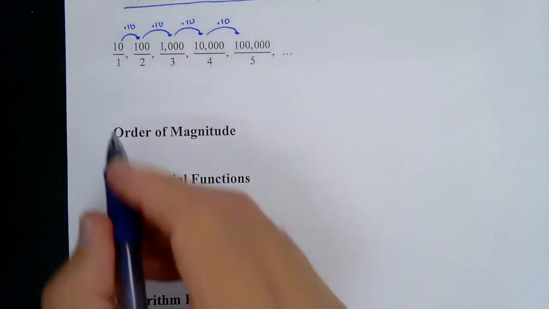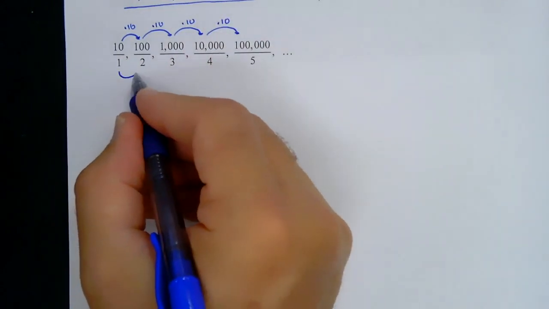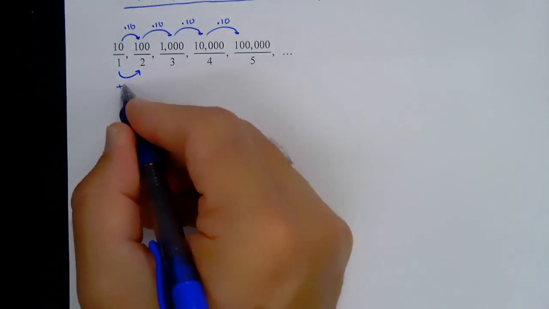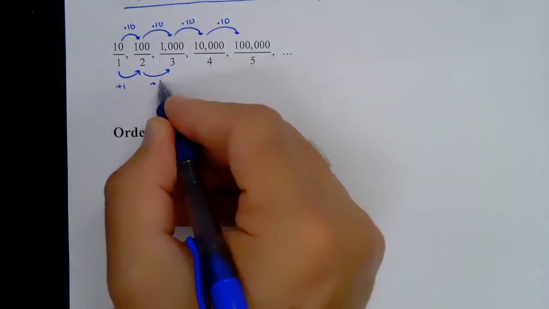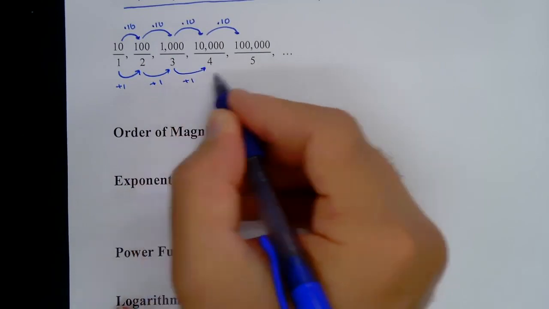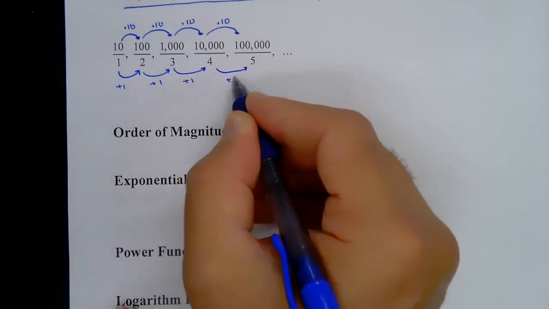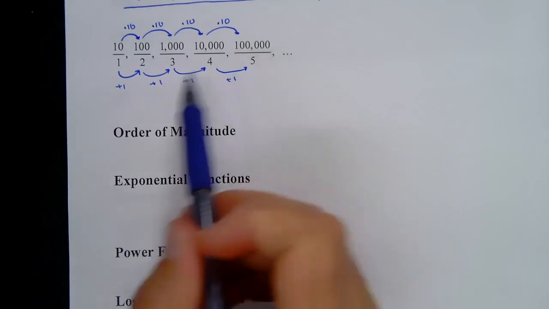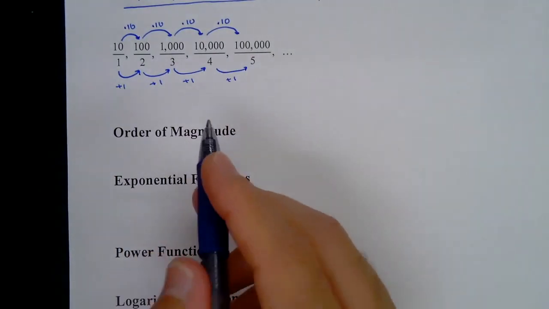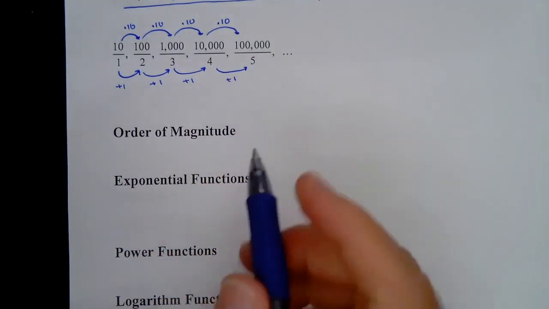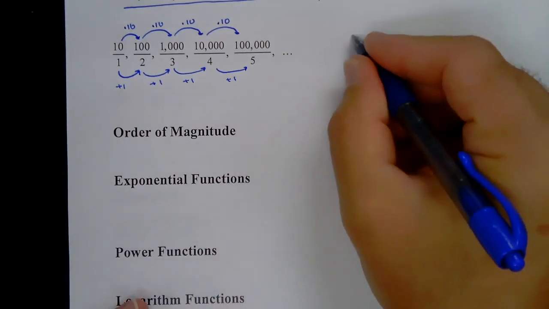These are powers of 10. And then to go from one to the next in the denominator, we're just adding one again. So the numerator is growing, the denominator is growing, but this time the numerator is growing faster than the denominator.